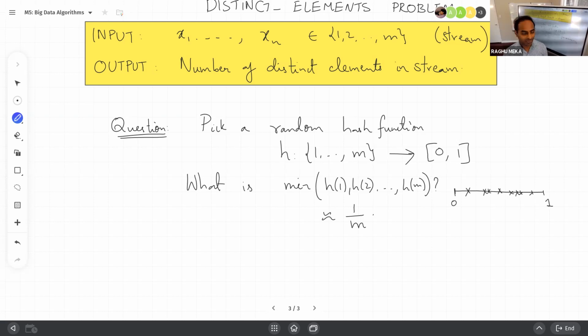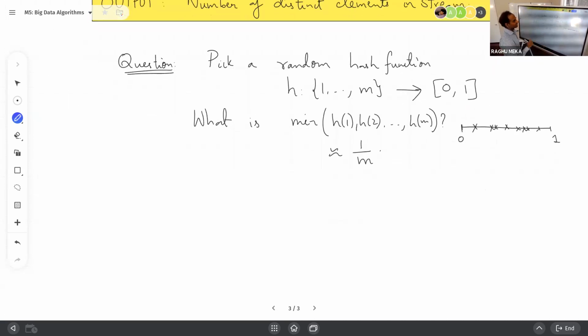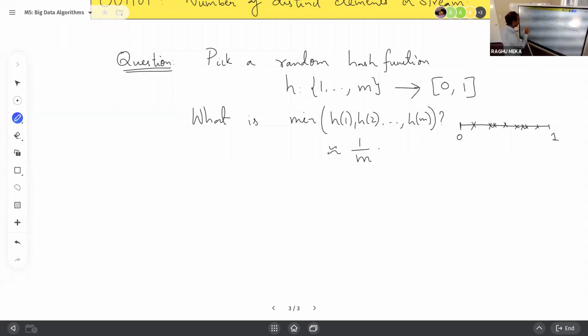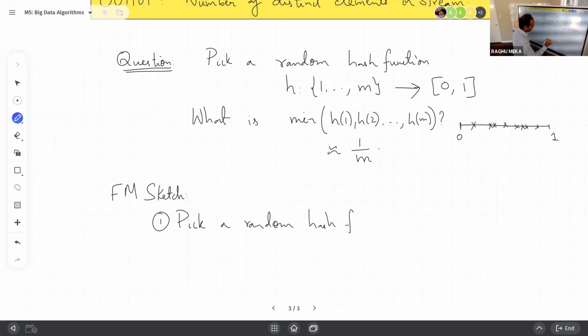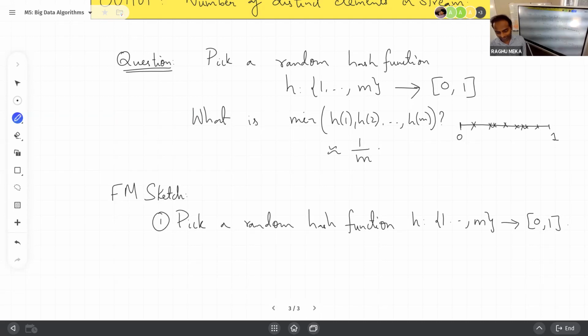So the FM sketch is the following: you pick a random hash function h from 1 through m to 0, 1.